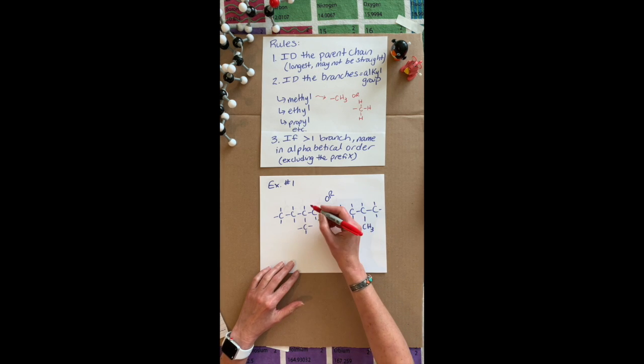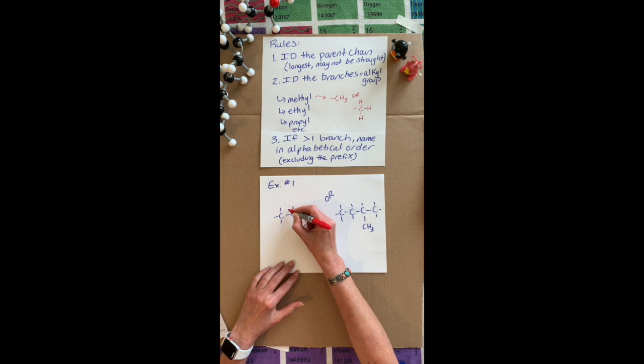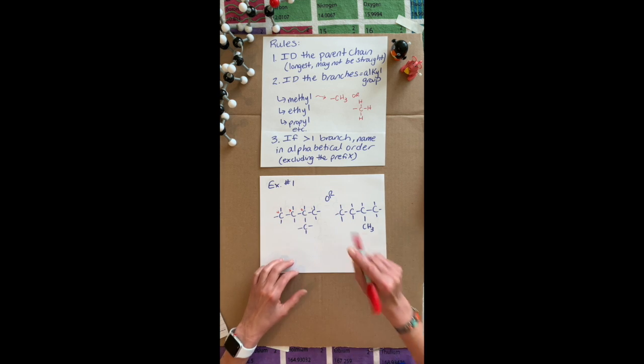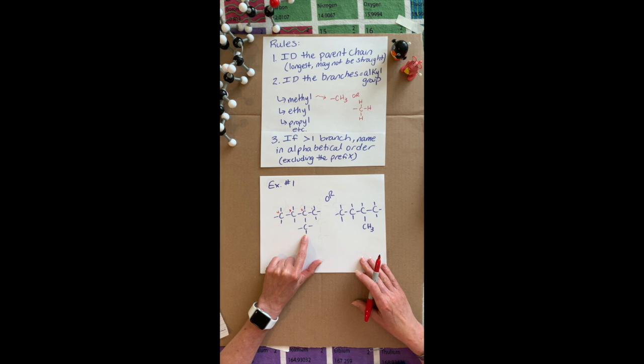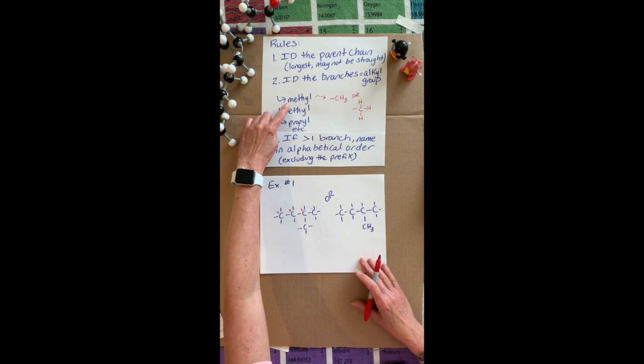Now, the location though of the alkyl group needs to be at the lowest location, the lowest number carbon. So we wouldn't make this 3, we'd make this 2. And it is a 1 carbon alkyl group, so it's methyl.